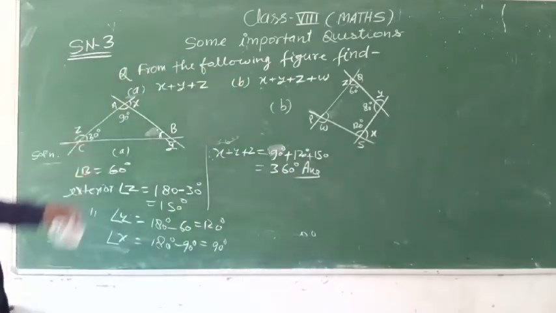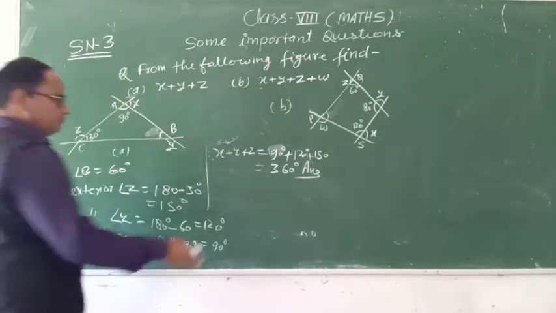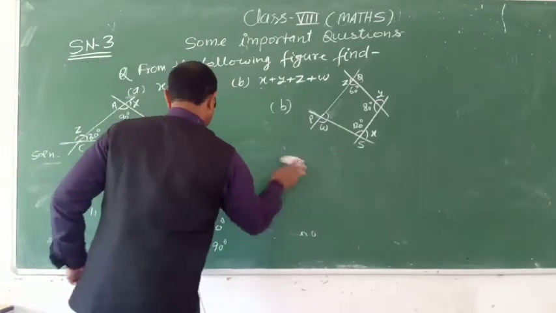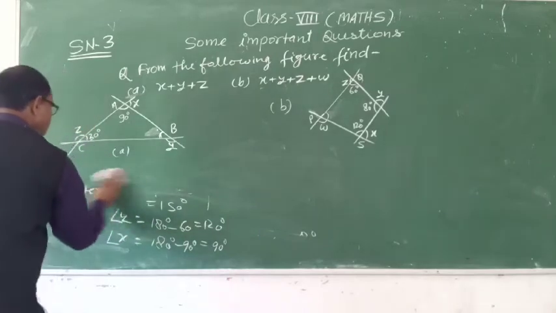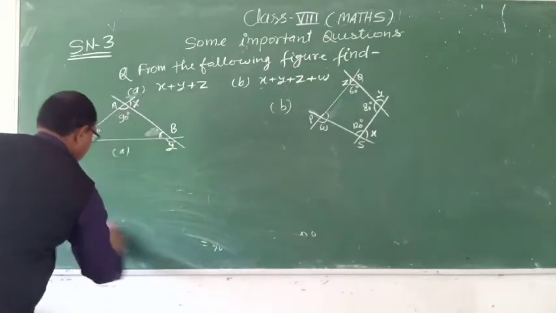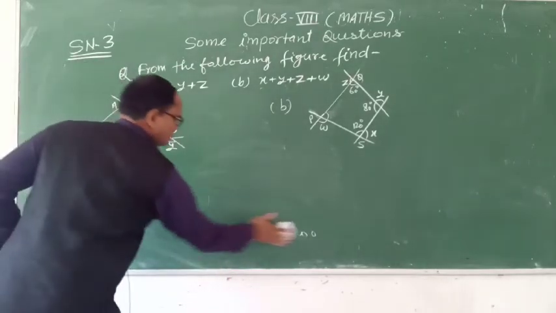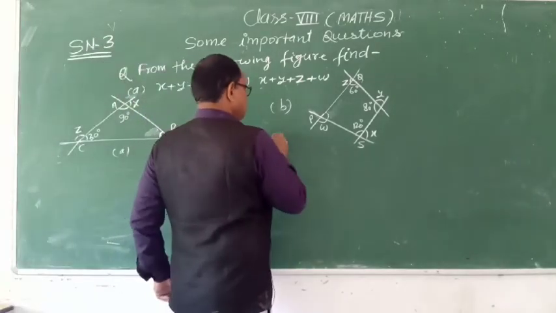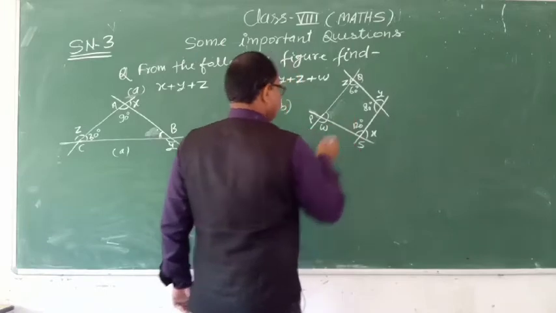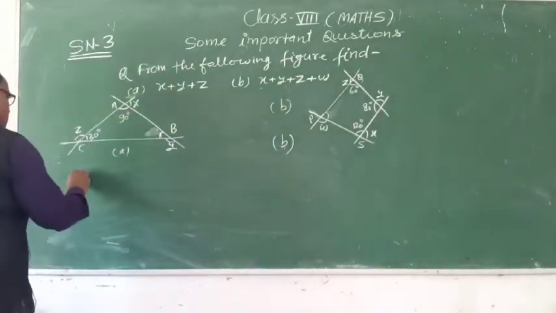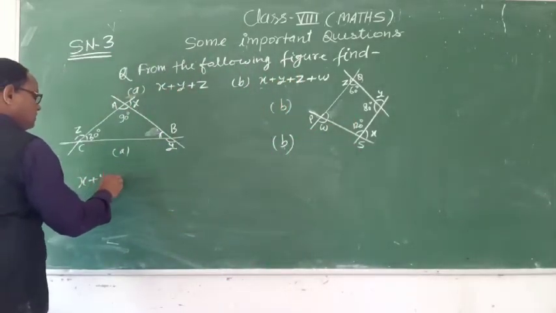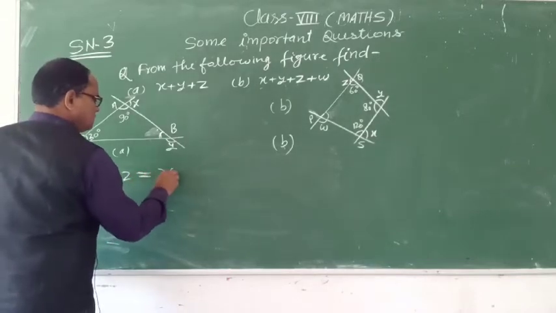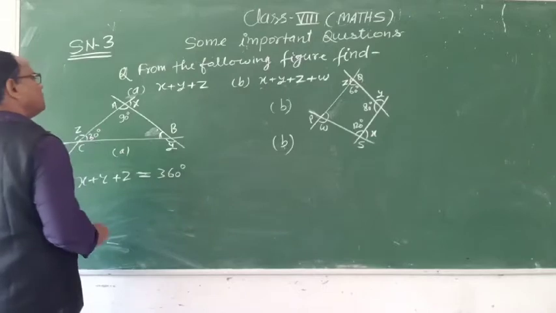Okay students. After this, the value of here B. Here x plus y plus z is equal to 360 degrees. Okay.